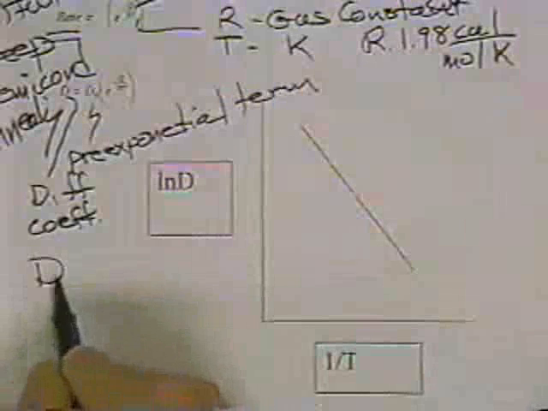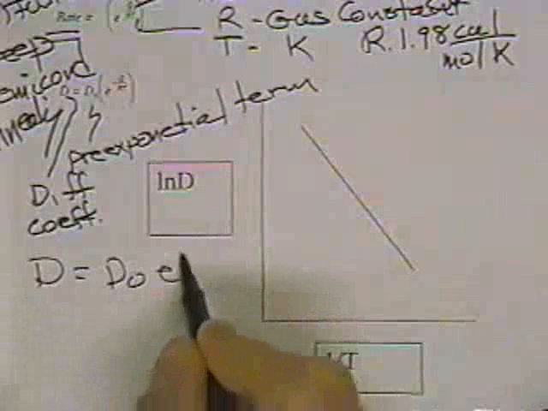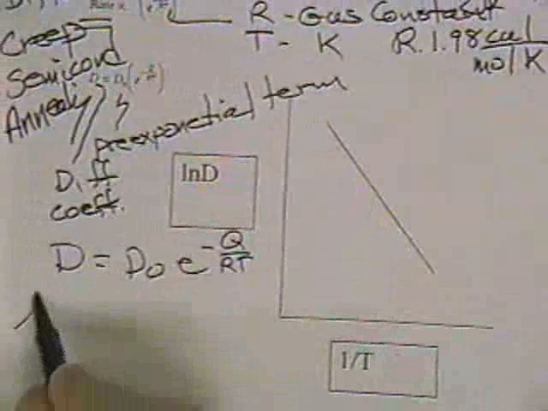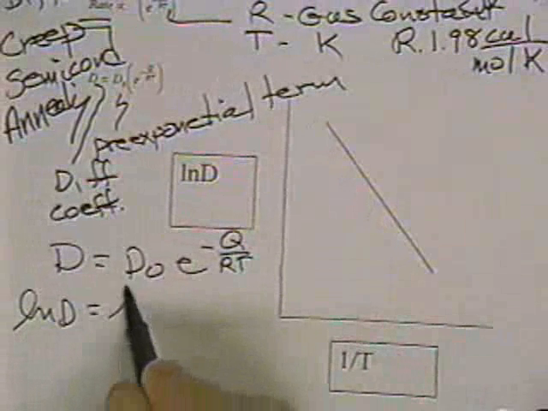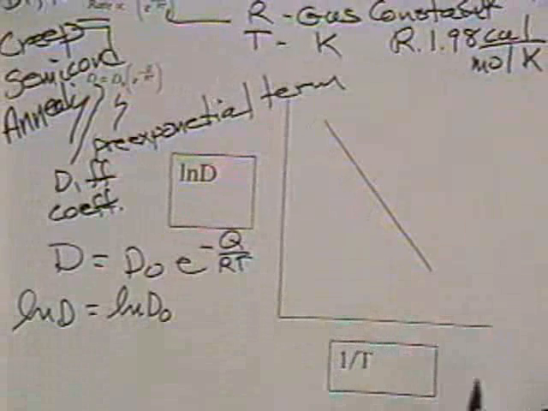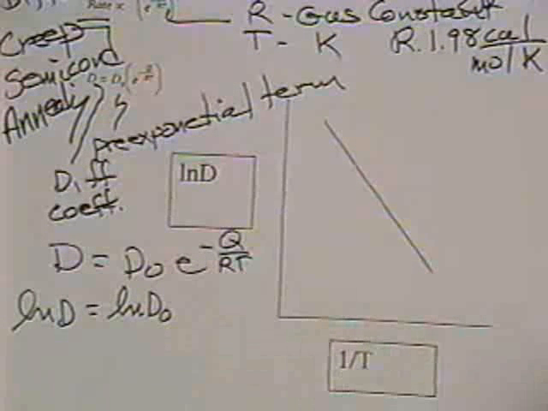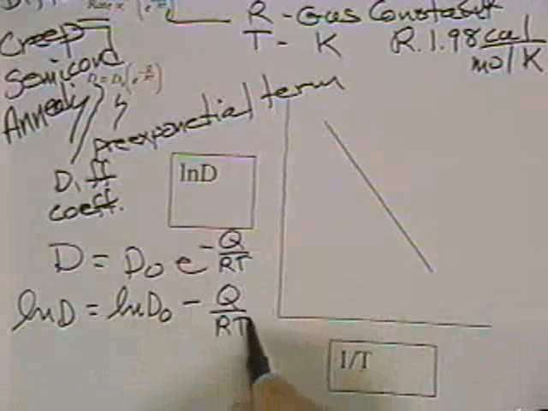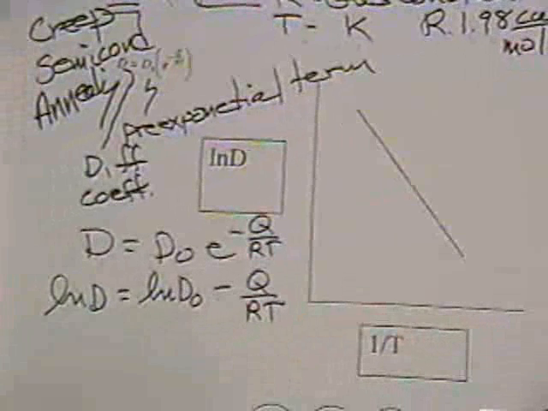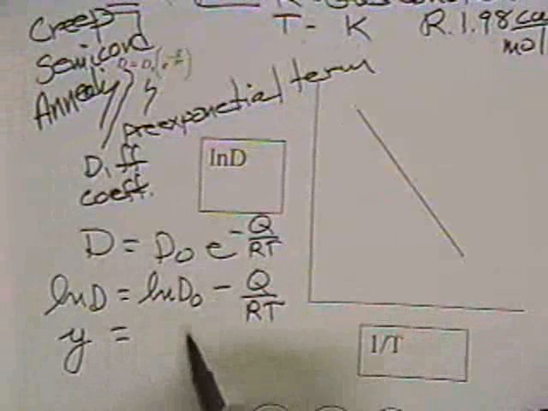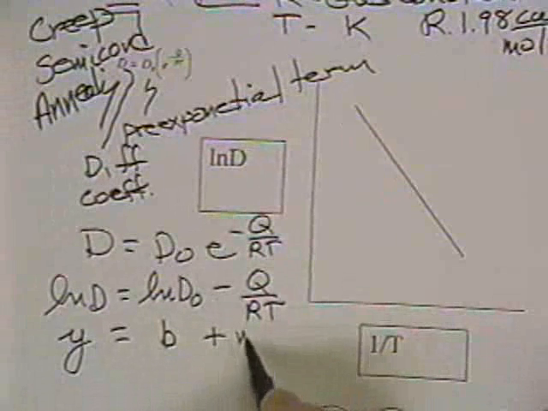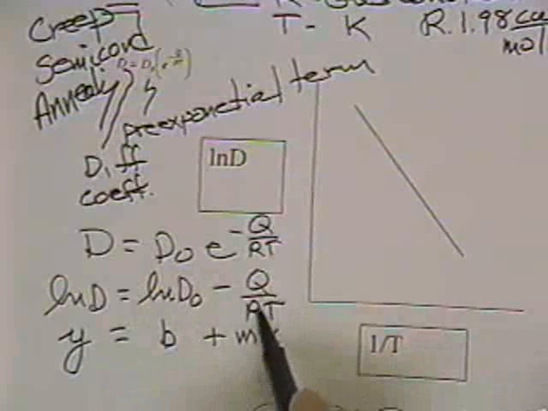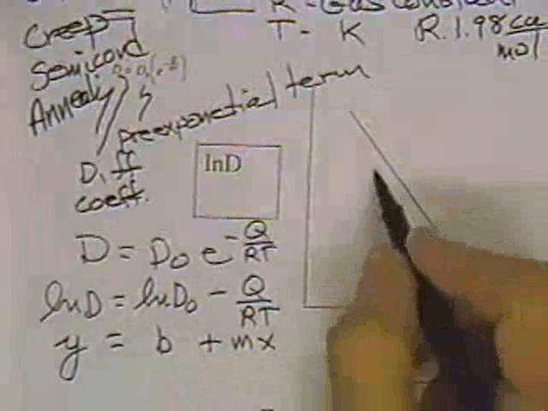If we write that D is equal to D0 e to the minus Q over RT, and we take the log of this, we have log D is equal to the log of D0, and if you take the log of the e, then the exponent comes out. You have minus Q over RT. And this should look amazingly like the equation of a straight line, where B is log D0 and M is the slope, minus Q over R.